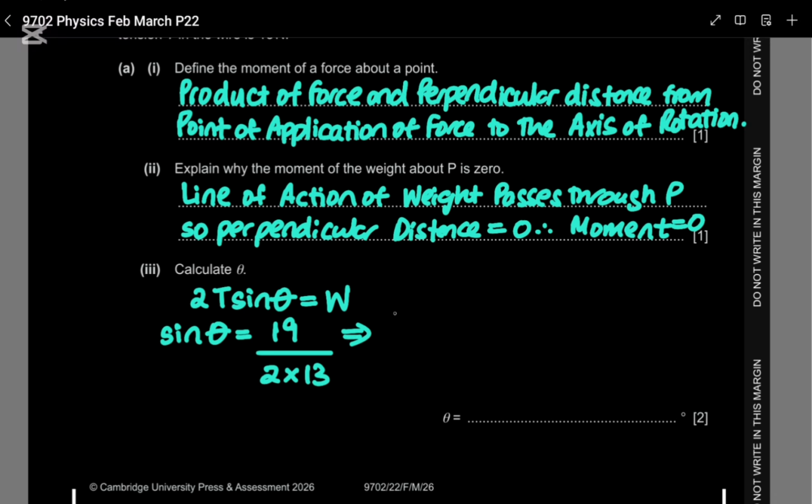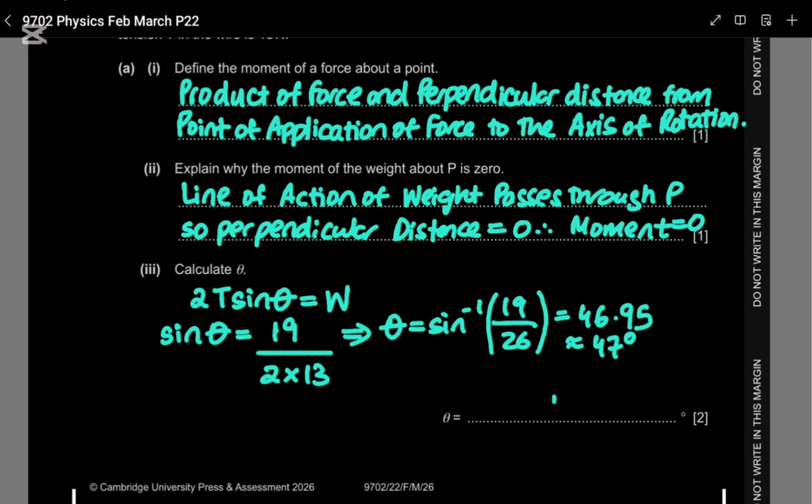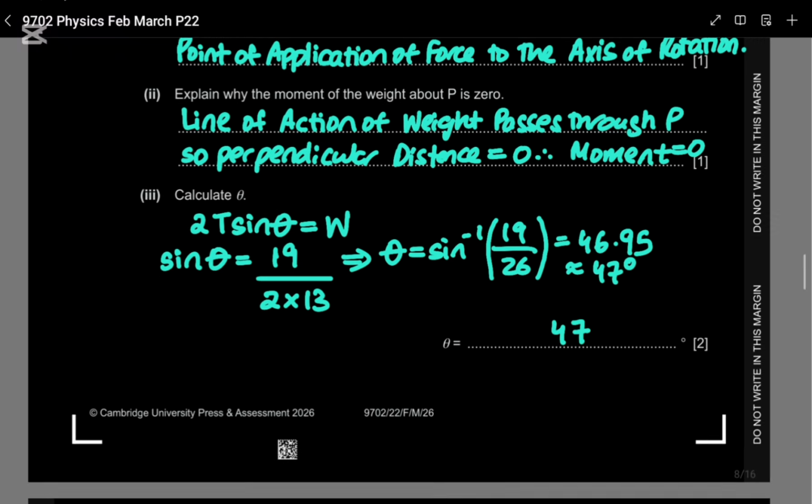From here, theta is equal to sine inverse of 19 over 26. Let me plug this into my calculator. Sine inverse of 19 over 26 gives me an answer of 46.95, so approximately 47 degrees.